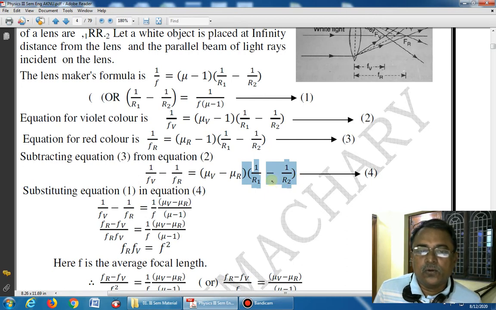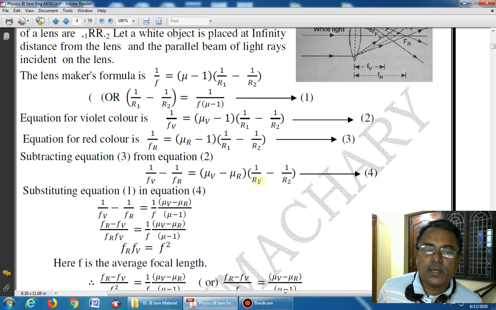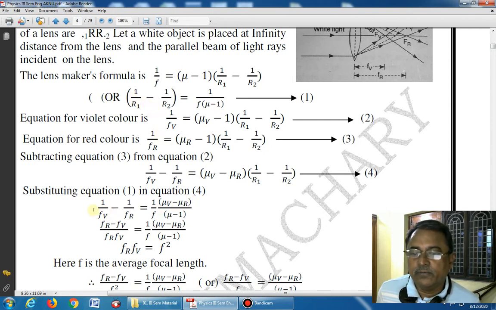In this one, instead of 1 by r 1 minus 1 by r 2, I will substitute equation 1. So, substituting 1 by f into mu minus 1 instead of 1 by r 1 minus 1 by r 2, I will get this equation.